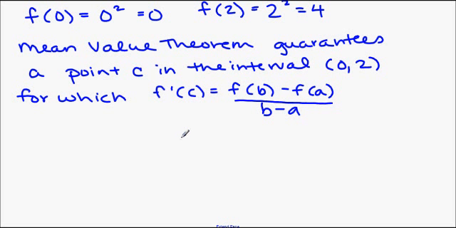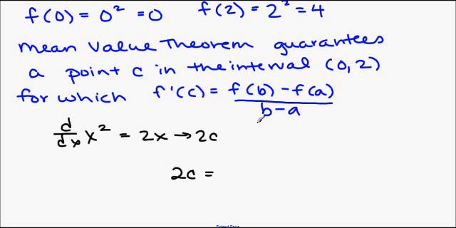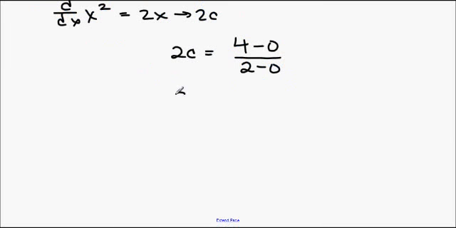We know that the derivative of x squared is 2x. So at c, this will be 2c. So 2c equals 4 minus 0 over 2 minus 0. So 2c is 4 over 2, which is 2. So c must equal 1.